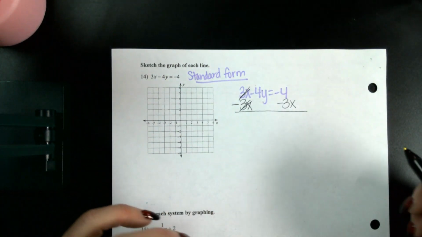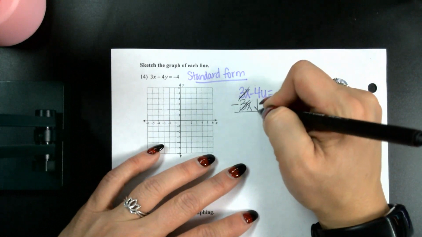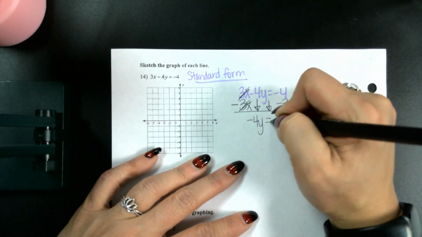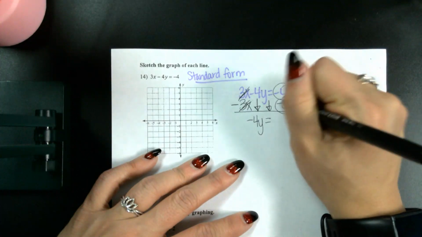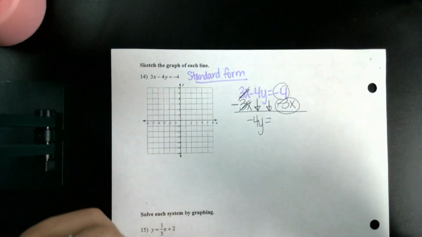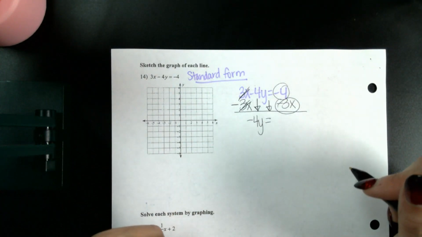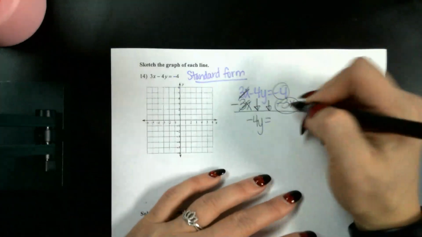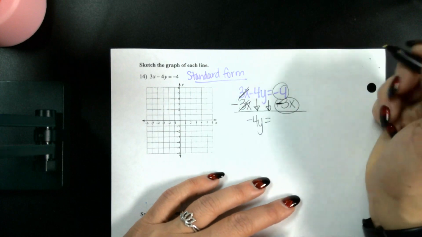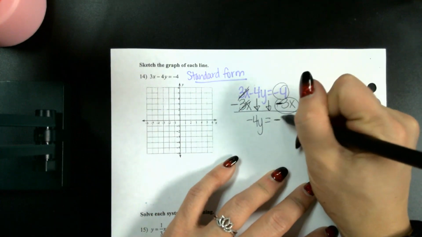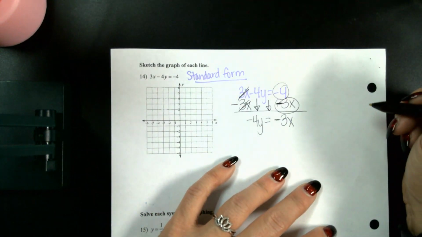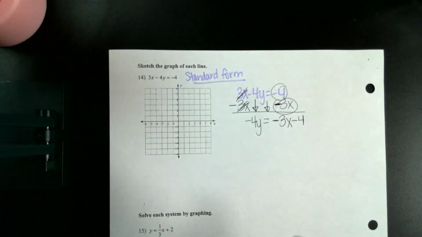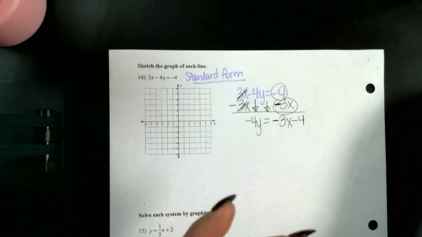Now when you do that, this is negative 4y. You bring down your equal sign, and then these 2 terms do not pair up. You have to write them sideways. Like, you can't do negative 4 minus 3 because one has an x and one doesn't. So we just put the negative 3x first, and then you put the minus 4 second. Okay, so that's step 1, moving your x term.